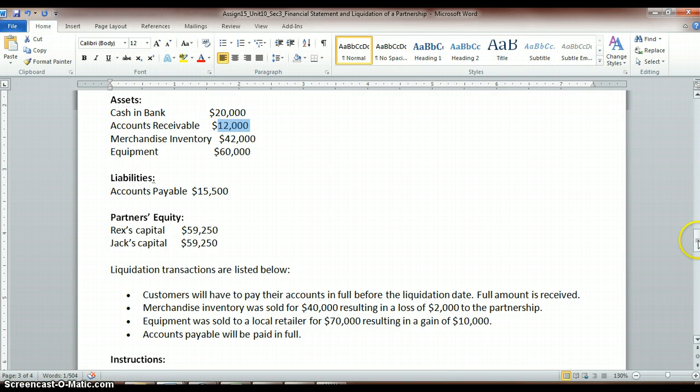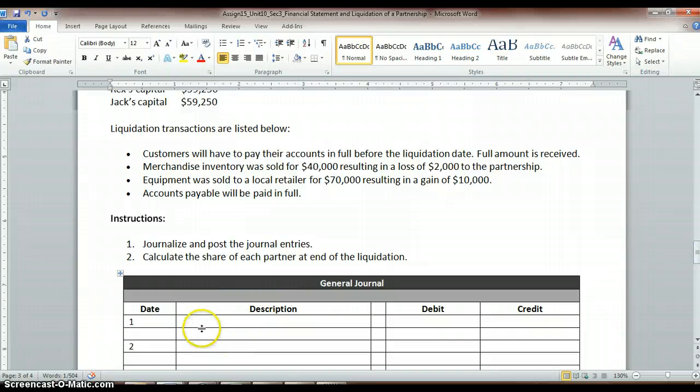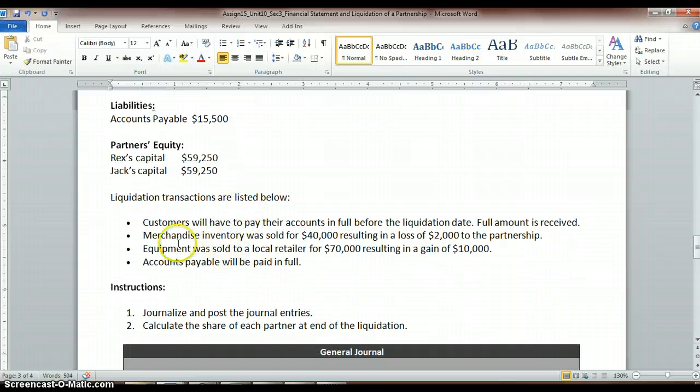So thank goodness, because that doesn't usually happen. So we'll need to record that journal entry showing that we recorded this amount for accounts receivable, and then showing that accounts receivable is reducing and closing out for that amount. So that'll be your first recording.